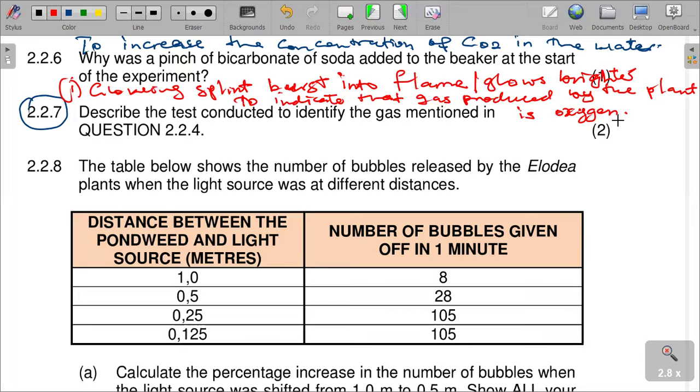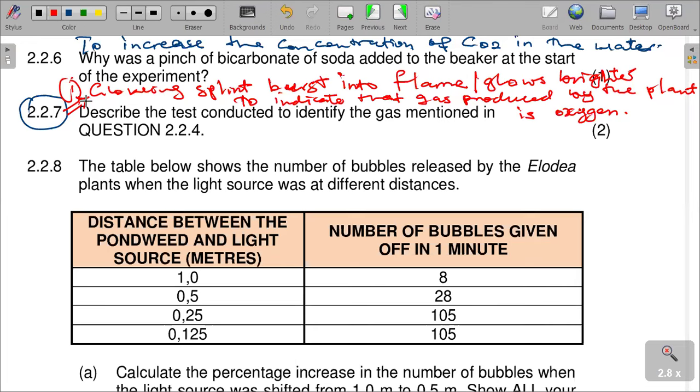When we are testing for oxygen, we use a glowing splint. It bursts into flame, it glows brighter, it relights whenever oxygen is present. And then that is question 2.7, glowing splint relights.